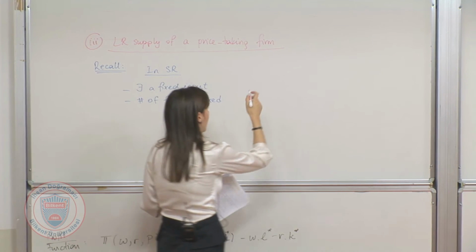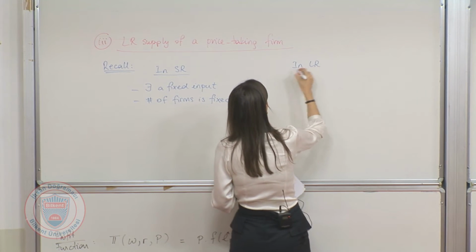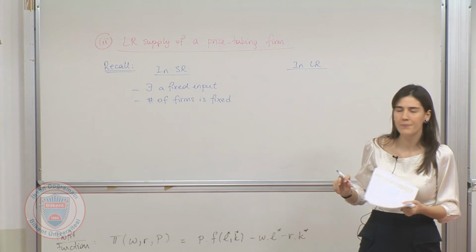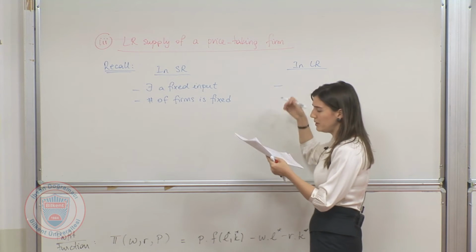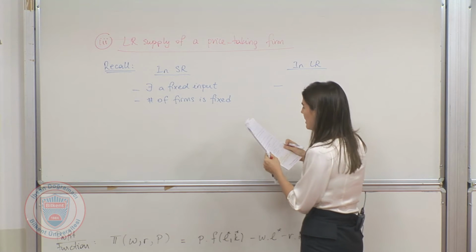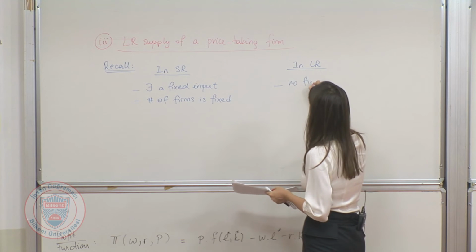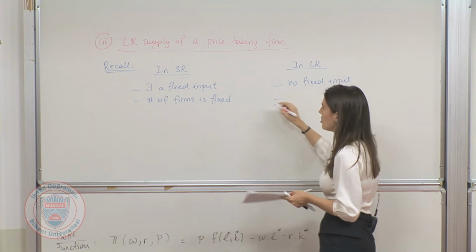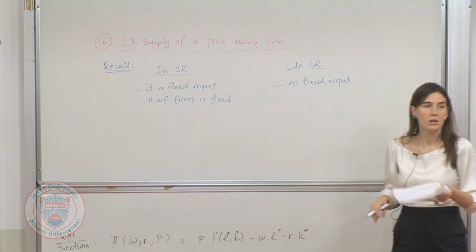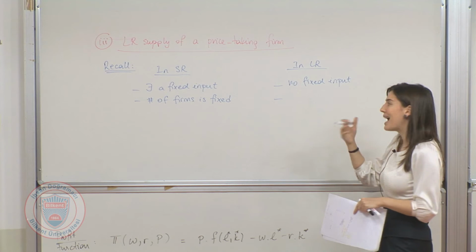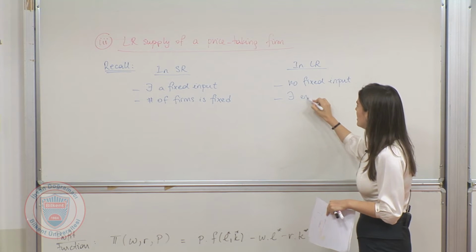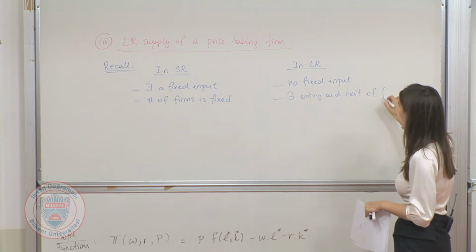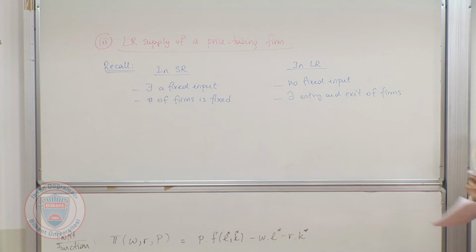Now, in the long run, what's going to happen is that these fixed things won't be fixed anymore, okay? So all the inputs would be variable, so there is no fixed input, okay? And also the number of firms can change. There will be entry and exit of firms, okay?